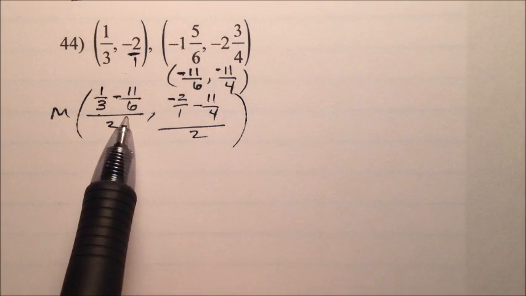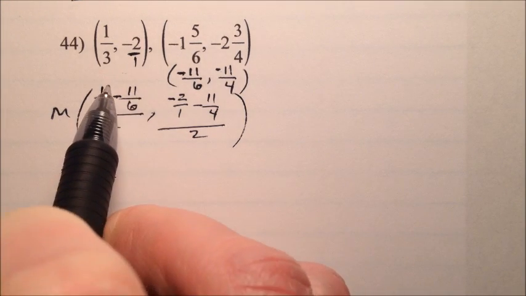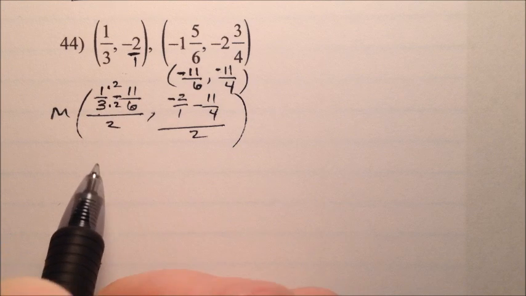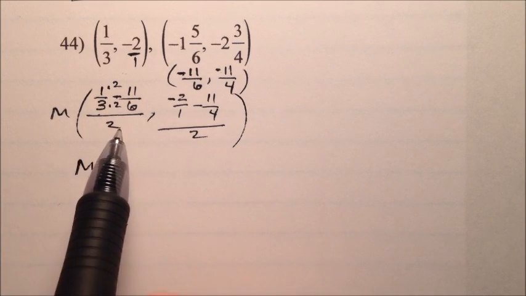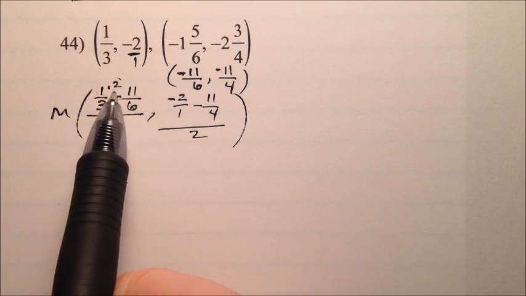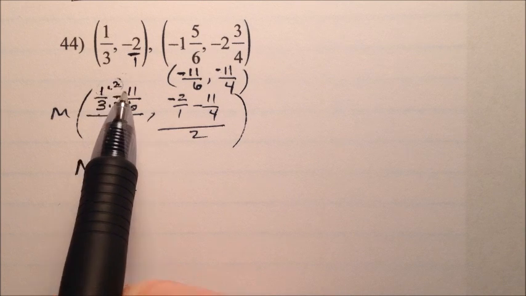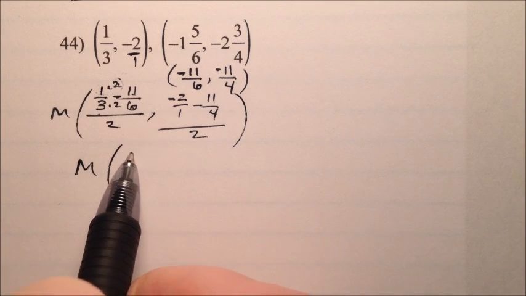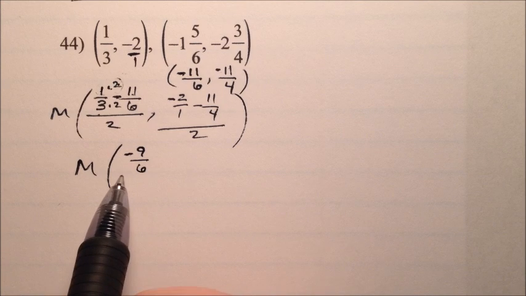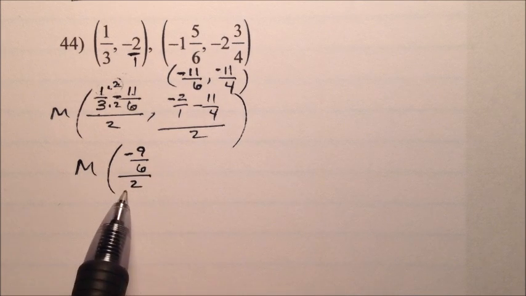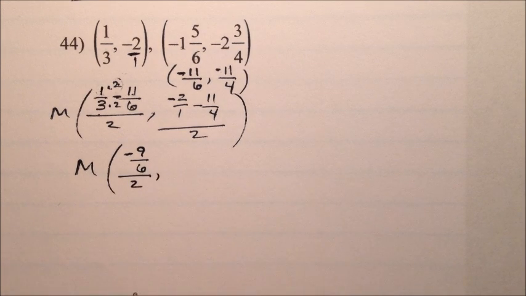So on our x's, it looks like our common denominator will be 6, so I need to take times 2 times 2. So our midpoint will be this 1 times 2 is 2 minus 11. So 2 minus 11 is negative 9/6, cut in half. And that's the x-coordinate of that midpoint.